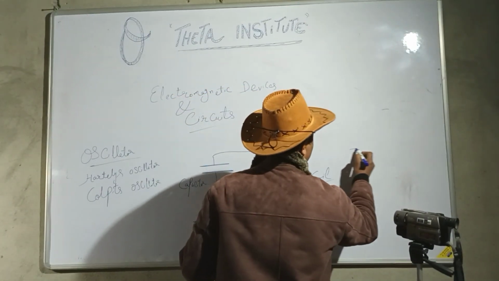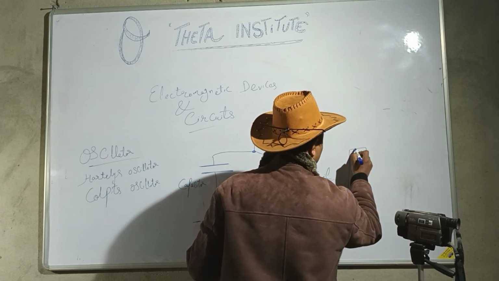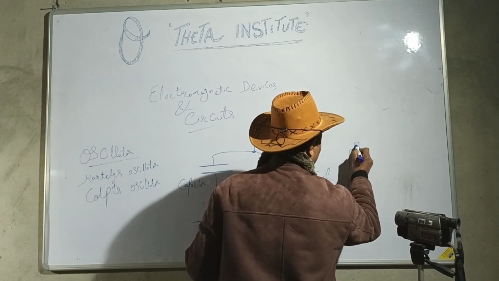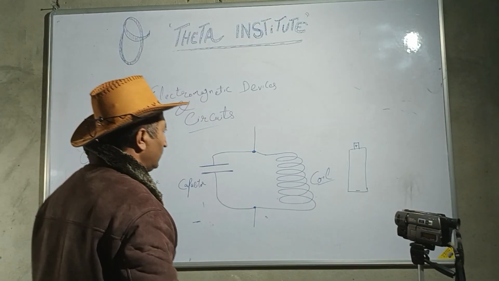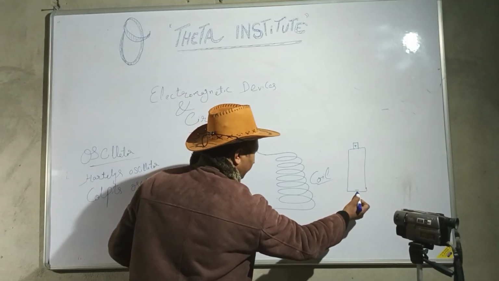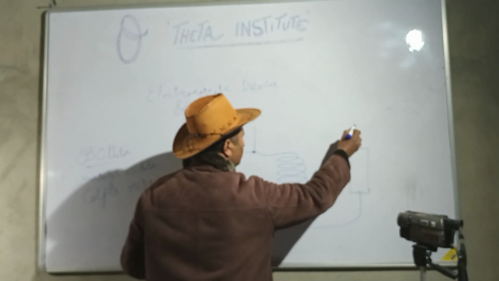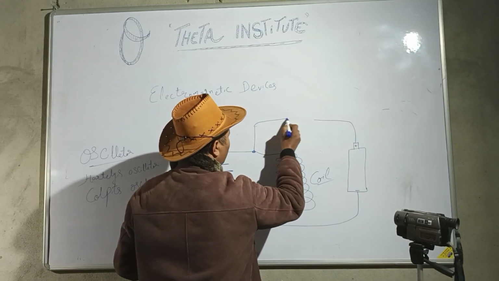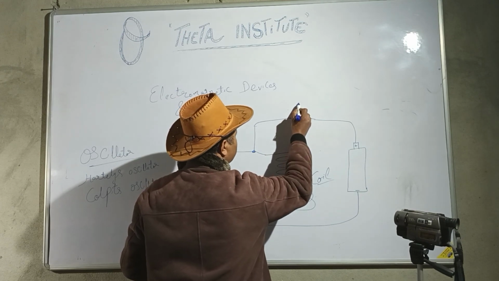Here it is a cell. What will happen when we connect this negative to this end and the positive to this end through a switch? This is a switch.